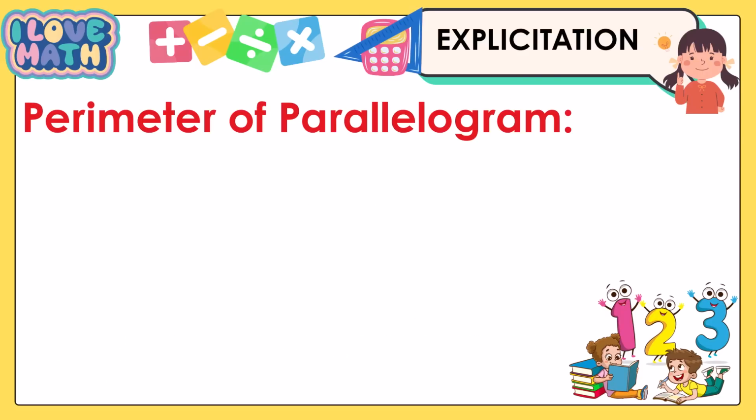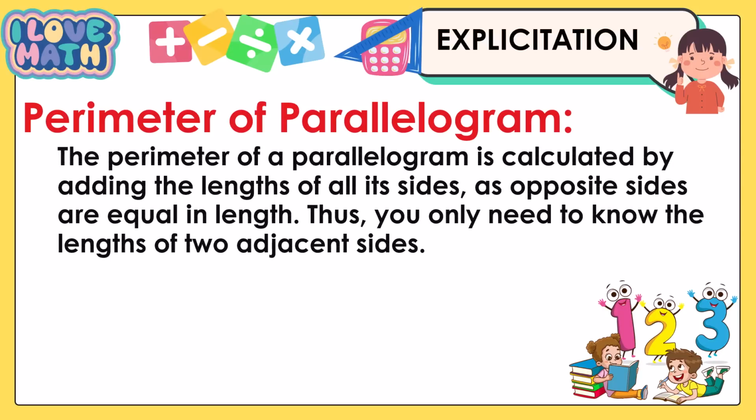Perimeter of a parallelogram. The perimeter of a parallelogram is calculated by adding the length of all its sides, as opposite sides are equal in length. Thus, you only need to know the lengths of 2 adjacent sides.